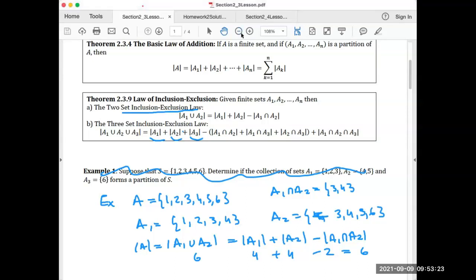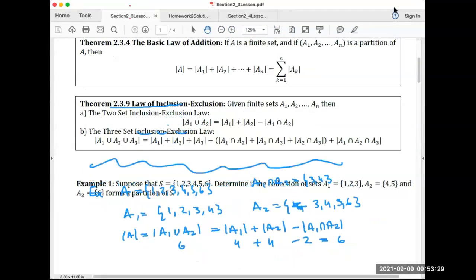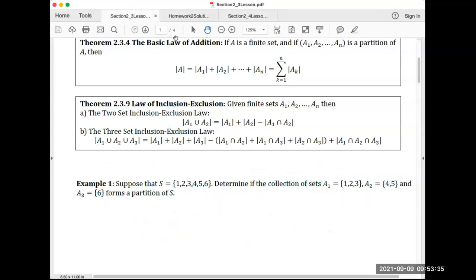You add up how many are in each of the 3 sets, but there's going to be overlap, so you subtract the common elements between each pair of sets.